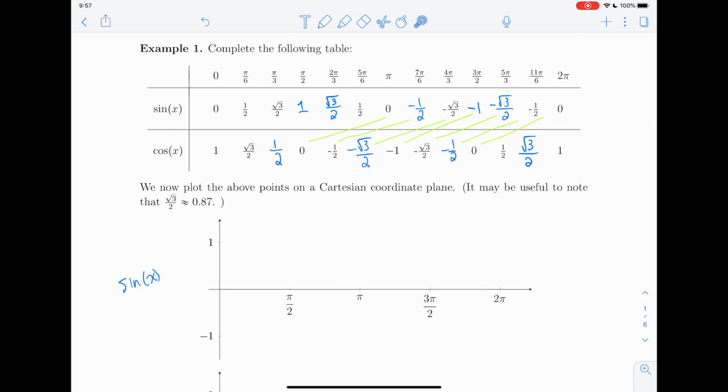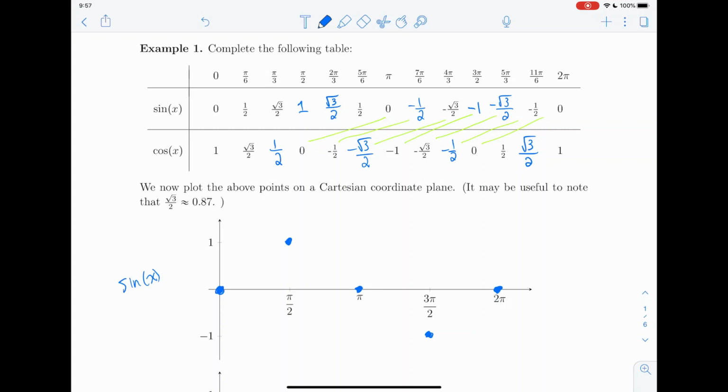Those are the points corresponding to the quadrant angles 0, pi over 2, pi, 3 pi over 2, and 2 pi. So for sine, that's going to be 0, 0. So that's this point. At pi over 2, sine is a 1. At pi, sine is a 0. And at 3 pi over 2, sine is a negative 1. And at 2 pi, sine is a 0.